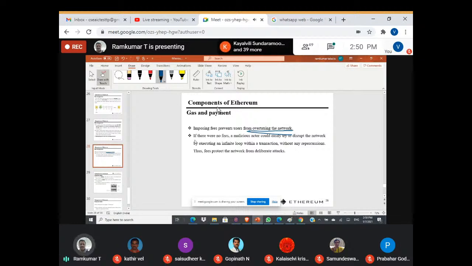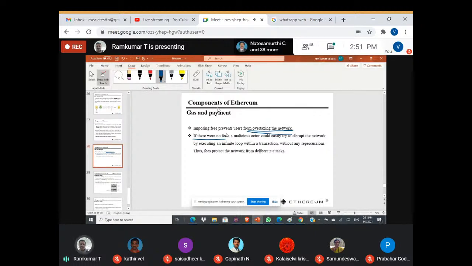Now if there are no fees, a malicious user will keep trying various methodologies to disturb the blockchain network. That is the major thing a malicious user does for every network. Now suppose he has to pay something to do that work; then how many times can he do it? Ten times, twenty times, and after that it is not possible.